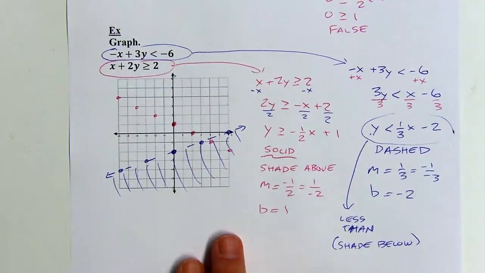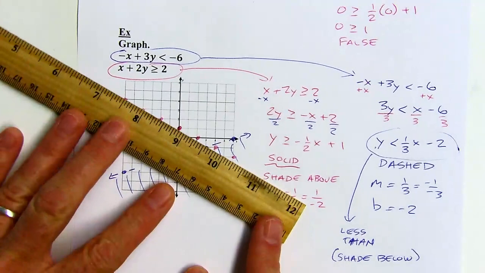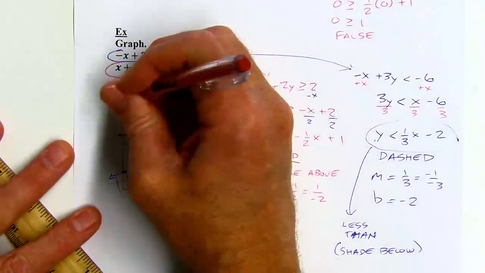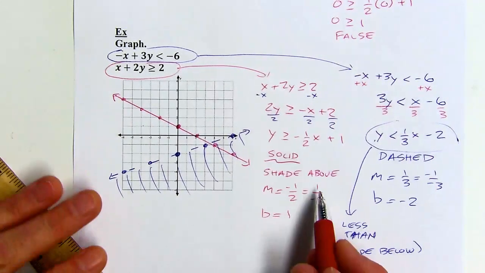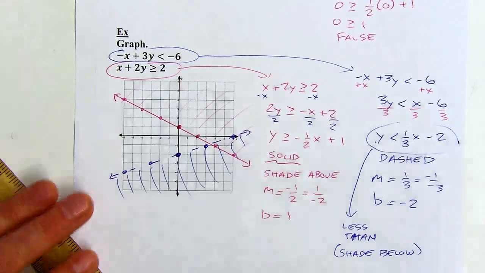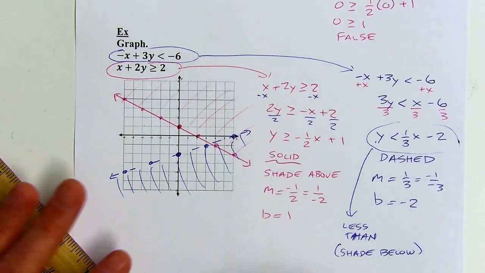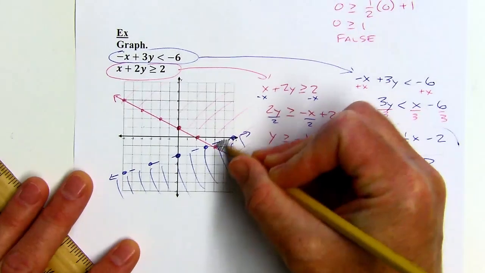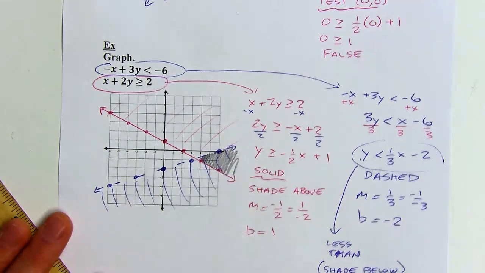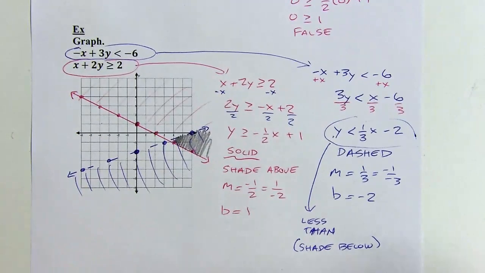Okay, and this is a solid line. And I'm going to be shading above this line, so I'm shading this way. Okay, and then I want to emphasize the double shaded part is my actual solution, so that's this little area here. Any point in that double shaded part should satisfy both inequalities.